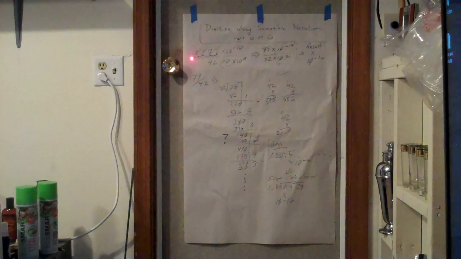I take my decimal point, which is right here, and shift it 1, 2, 3, 4 places to the right. As I shift it 4 places to the right, my power of 10 must drop by 4, one for each shift. So the numerator becomes 79 times 10 to the negative 14th.